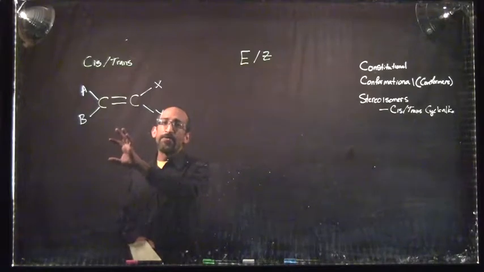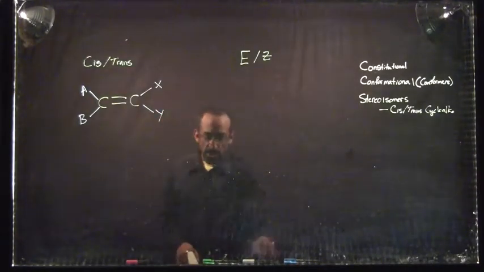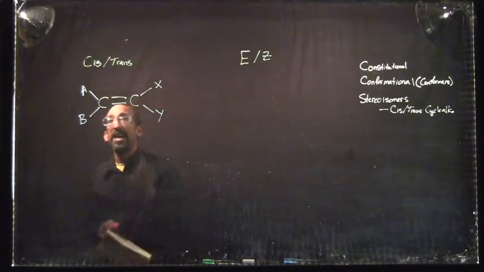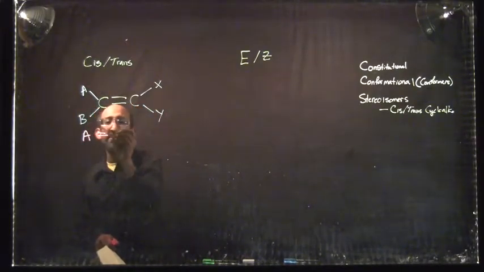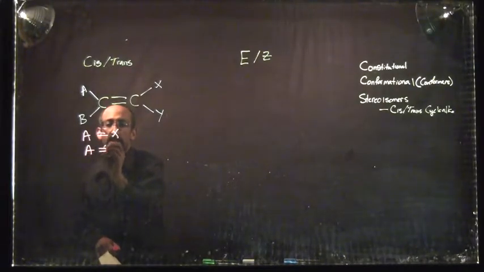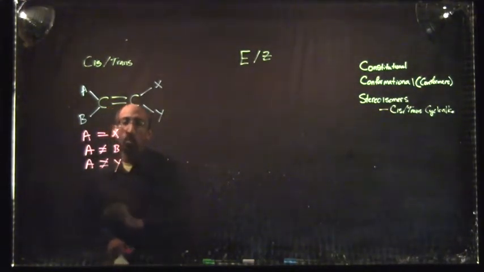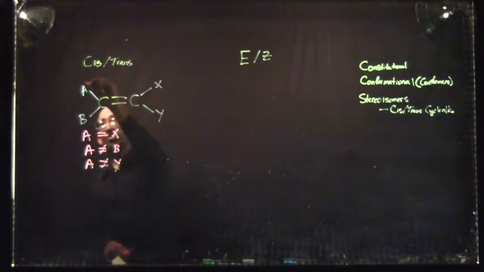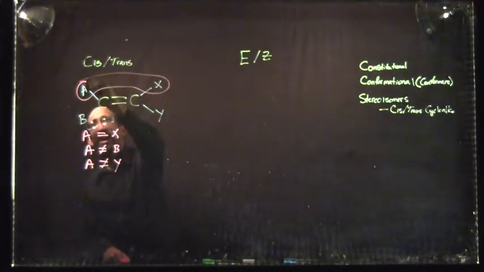However, if there are two of the same group on opposite sides, so for example, if A is the same as X, but it is not the same as B, and it is not the same as Y, we have two groups that are identical on one side of our alkene.